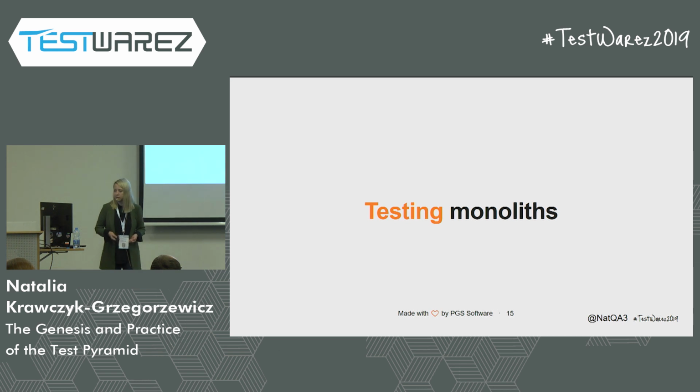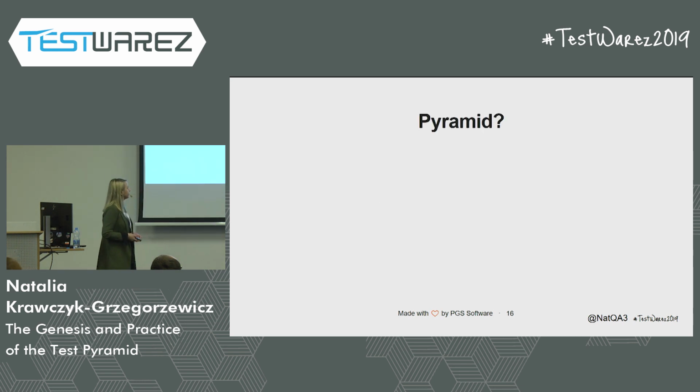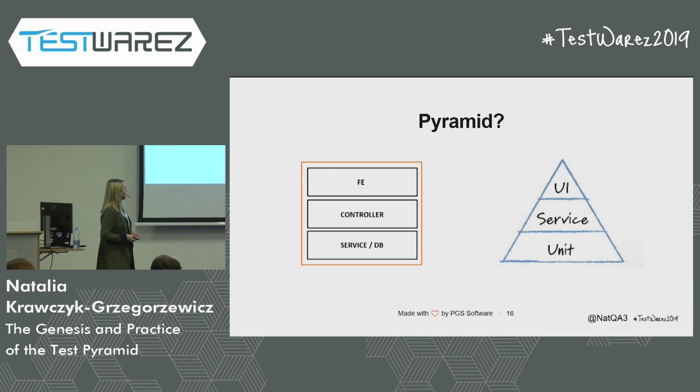First, let's have a look at the monoliths. What do you think? Is it easy to implement such a pyramid in a monolith application? Because, well, the UI, okay, that will probably be our Selenium tests. Let's say that we're testing a web application, so we'll just test as the user.